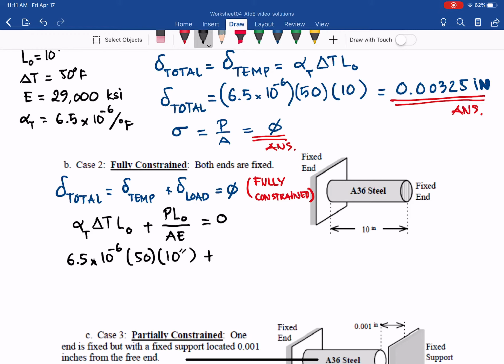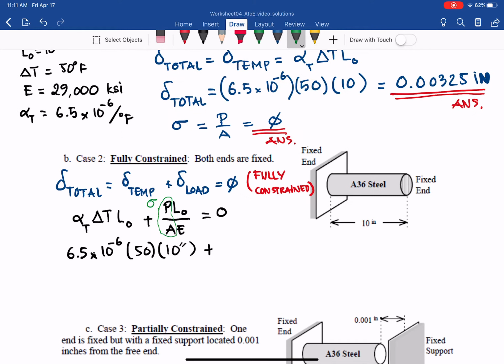P over A is sigma, which is what we want to find. So it equals sigma times L over E, that is 10 inches over E, in this case 29,000 ksi, and that has to equal 0. With one equation and one unknown, we can find that sigma is negative 9.47 ksi.